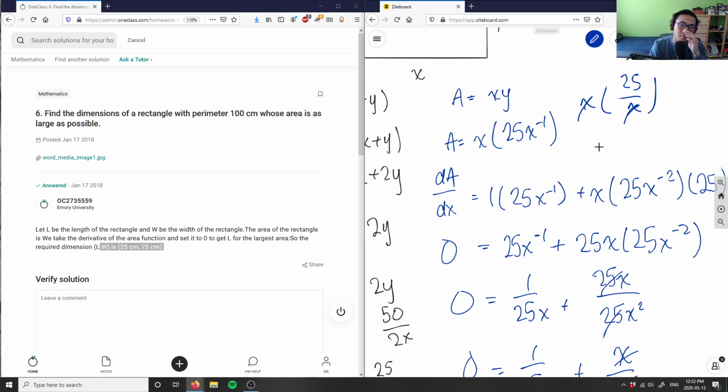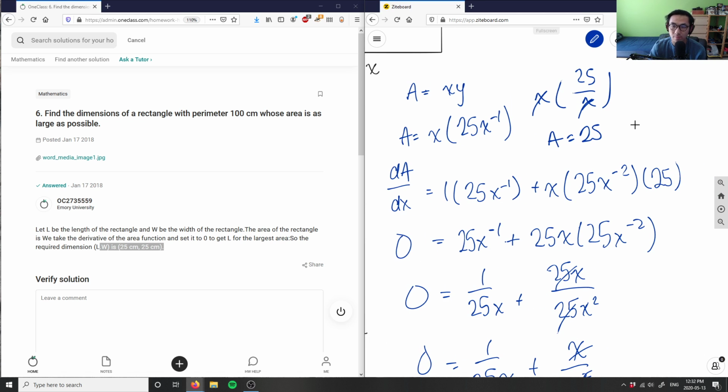I can cancel all these terms here and then take the derivative with respect to 25. And as you can see, the derivative dA of 25 is simply just 1, right? And if I set it to 0 here, this wouldn't exist. So when I do dA here, it's going to basically equal 1. And if I set the derivative to 1 here, this is no good, right? The math is no good here, which means the derivative is basically independent of that.